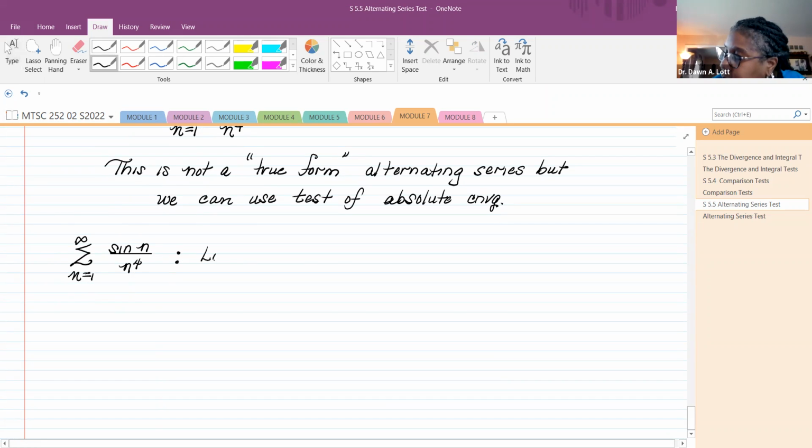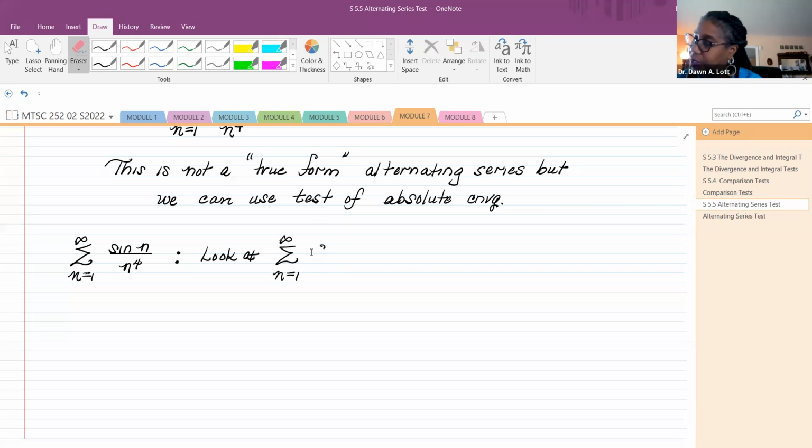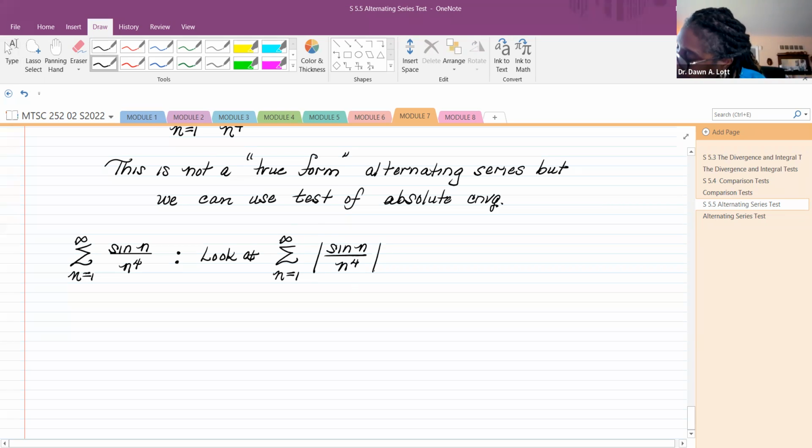So now we're going to look at the sum n equals 1 to infinity of the absolute value of the sine of n over n to the fourth. Now the sine goes between 1 and -1.